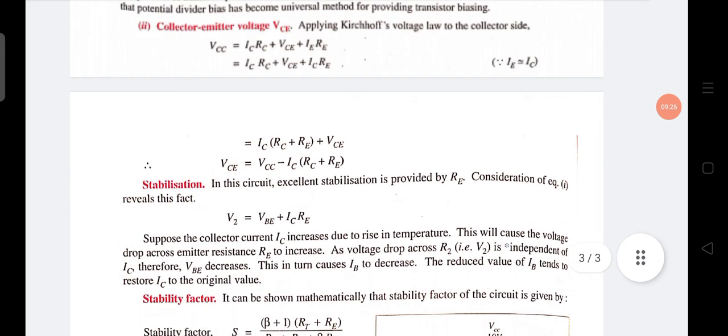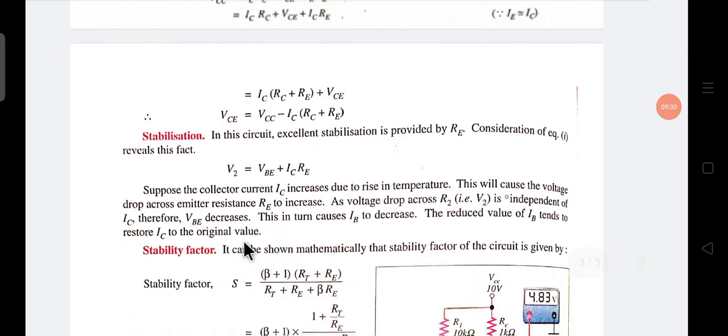Then the stability factor: in this circuit excellent stabilization is provided by RE. Consider that equation 1 reveals that V2 equals VBE plus IERE. Suppose the collector current IC increases due to a rise in temperature.